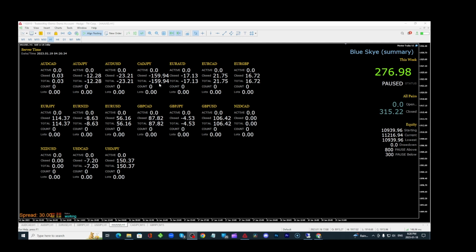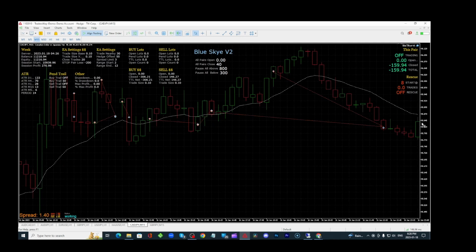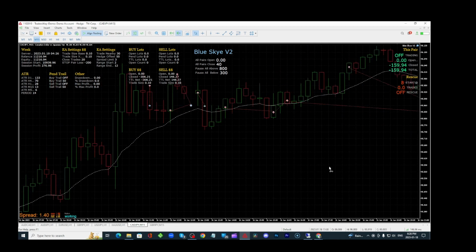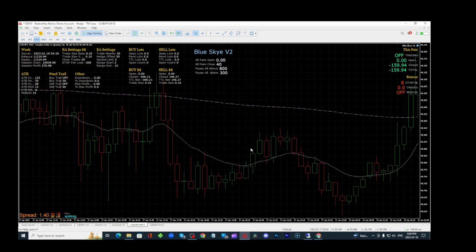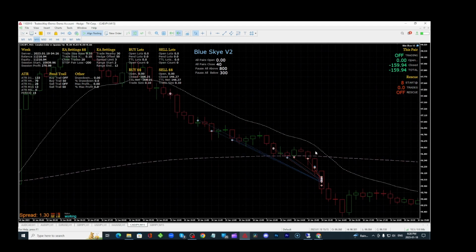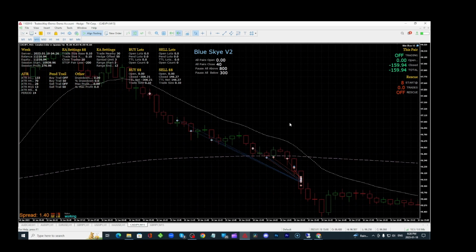But we can look at the actual chart. Now I've got this on a 15-minute. I was trading on the hourly, but just for convenience I'm showing it on the 15 minutes so we can see more of it, and the bars are a little bigger. But this is where it all happened here.